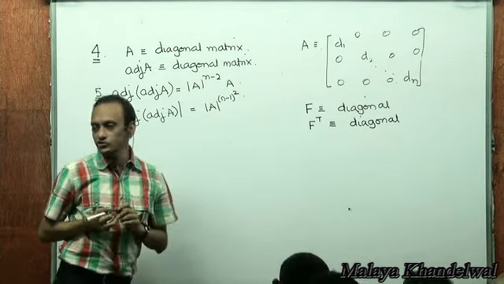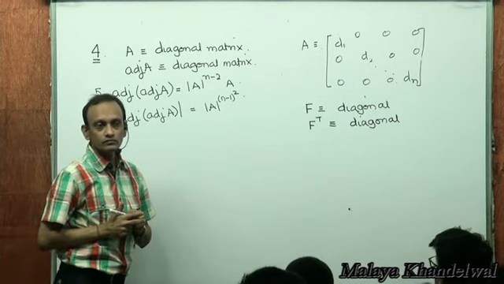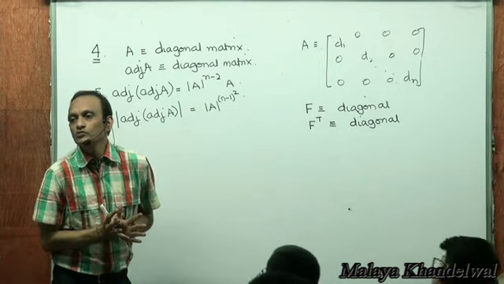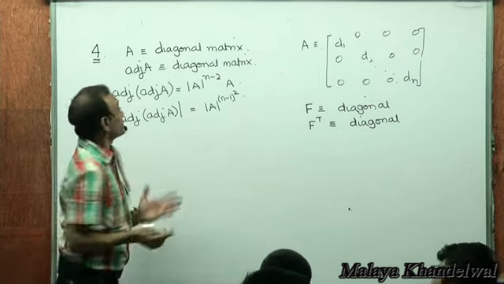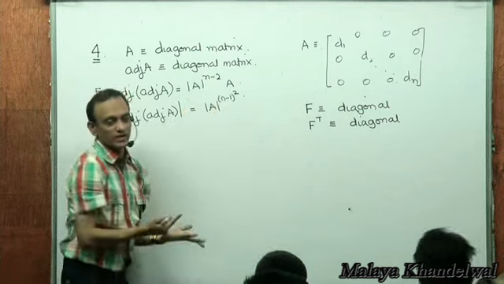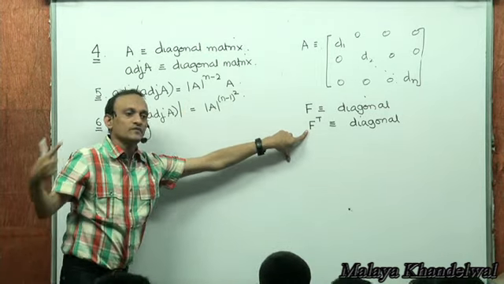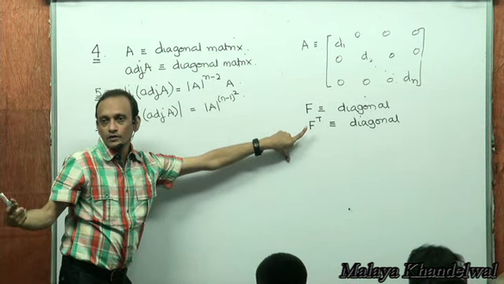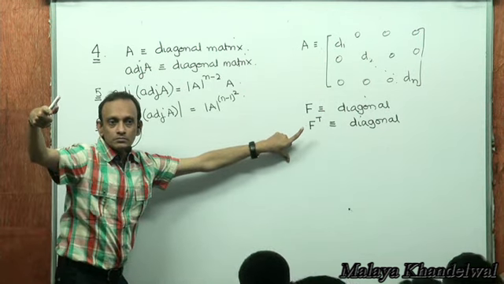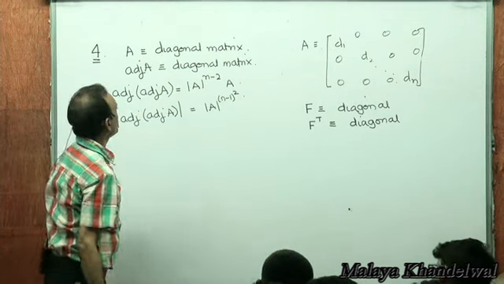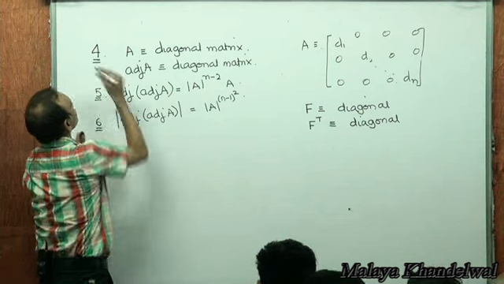But F transpose is adjoint A, which is a diagonal matrix. Do you all understand this?